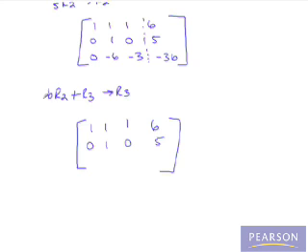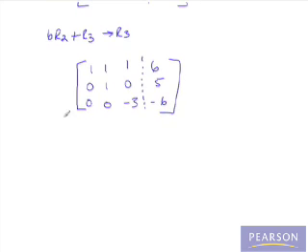And now we'll take 6 times 0, which is 0, plus 0 is 0. 6 times 1 is 6, plus negative 6 is 0. 6 times 0 is 0, plus negative 3 is negative 3. And 6 times 5 is 30, plus negative 36 is a negative 6.